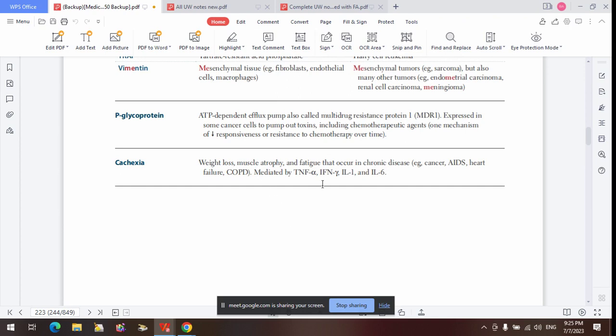So everything culminates from the action of the interleukins, TNF, interleukin 1, 6: appetite suppression, they're not eating very well, they lose weight, they become fatigued at the end of the day. Then apoptotic cascades are also activated, either through the ubiquitin proteasome pathway or through the other pathway.